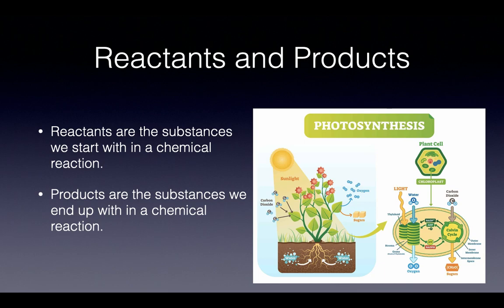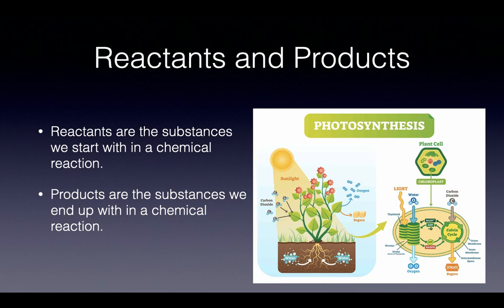So that is what photosynthesis does. So our products in photosynthesis are oxygen and sugars. That's what we're getting out. That's what we get from the plants. And what we're putting in, the reactants, are the light, water, and carbon dioxide. So we started with light, water, carbon dioxide, and those are our reactants. We end with oxygen and sugar.